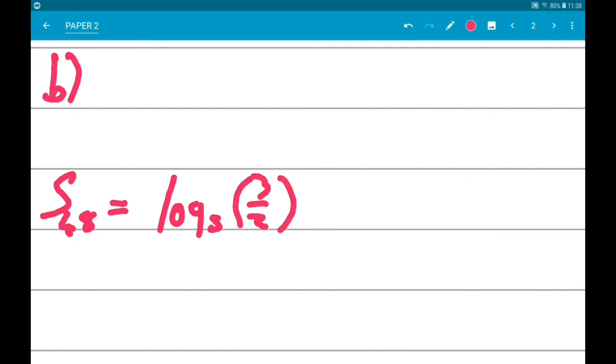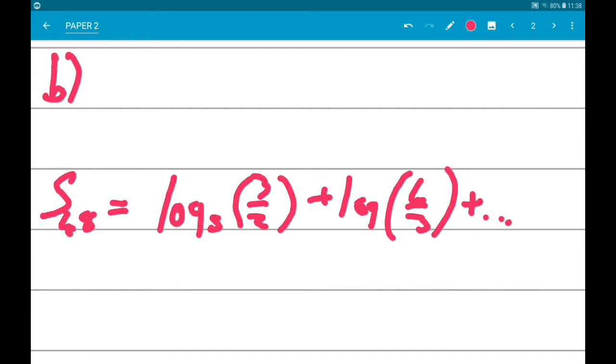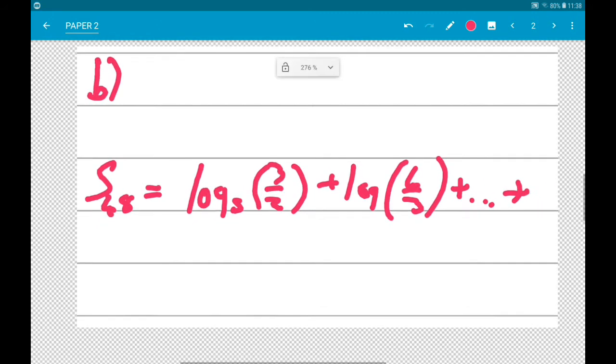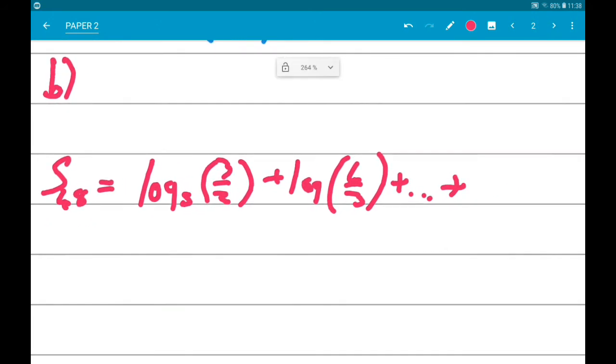And a log 4 over 3. And then that's going to continue all the way up to the log of 50 over 49.